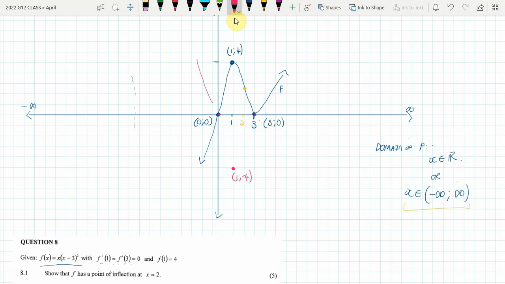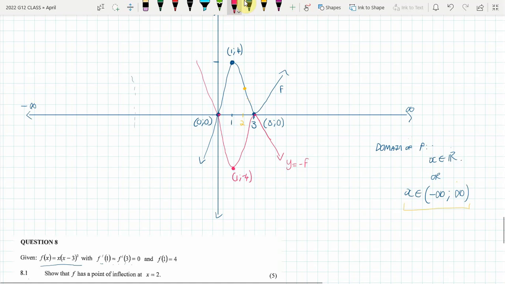So the graph of the reflection will look kind of like that. This will be y equals negative F.